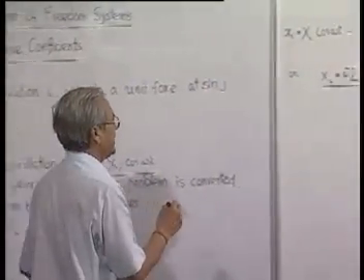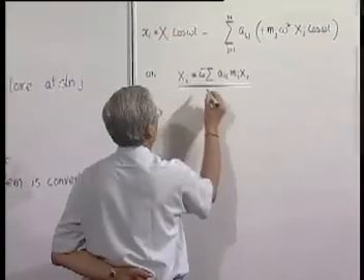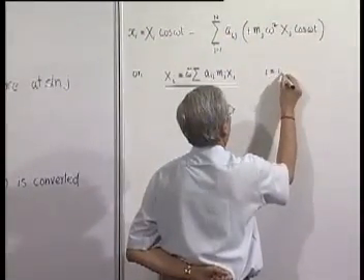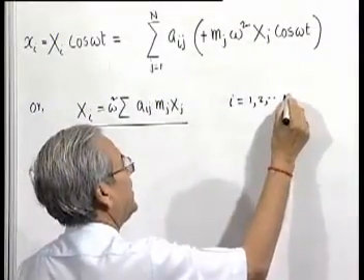This we can write in matrix form, that means i equal to 1, 2 up to n.